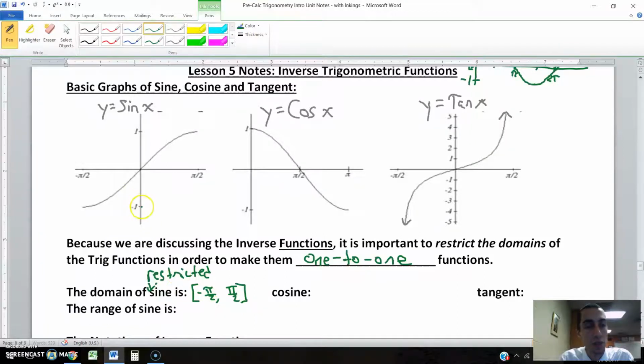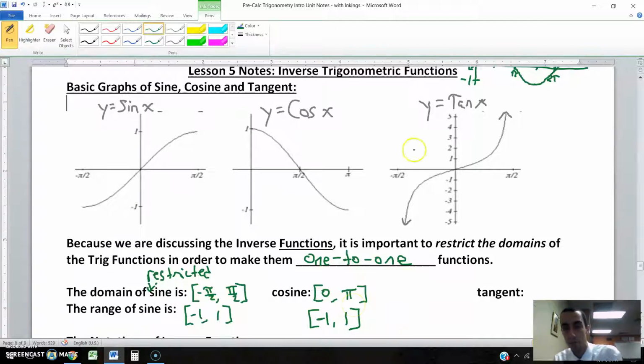And the range of this restricted sine is the set of all y values, which run from -1 up to 1. The domain for restricted cosine goes from 0 up to π, and its range runs from -1 up to +1.